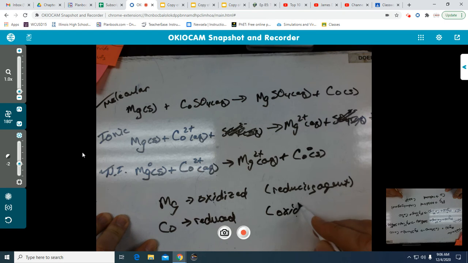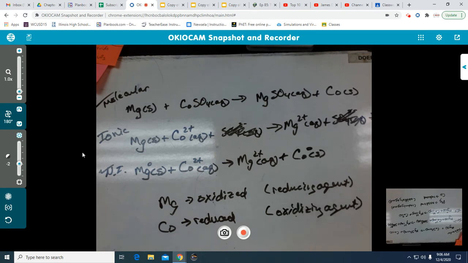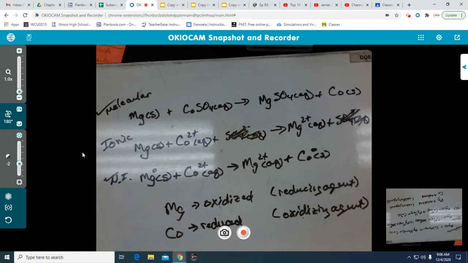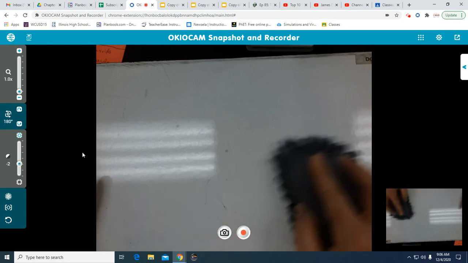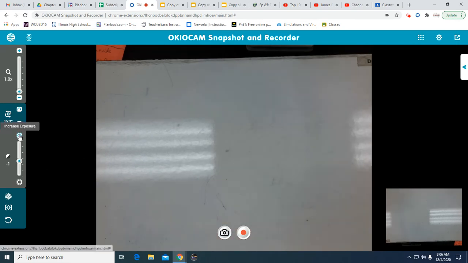Therefore, it's the oxidizing agent. And so that's how we use net ionic equations to help us determine who is oxidized and who is reduced in a reaction.